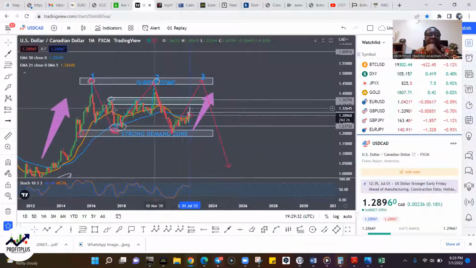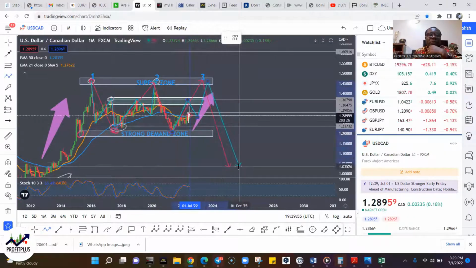We are marking this level because anytime price enters here, there is a kind of reaction. You can see that here. And then we're expecting a reaction when price gets to this level. So are we going to see this pattern play out into here? Market price retraces to this point, gets here, then before the structure is broken. So all these are speculatives.